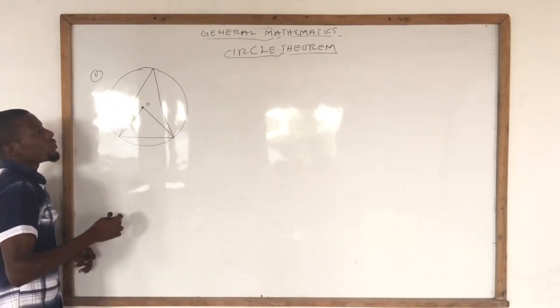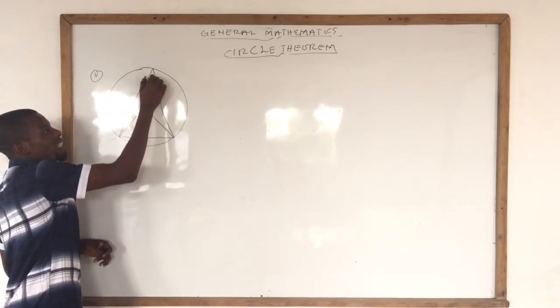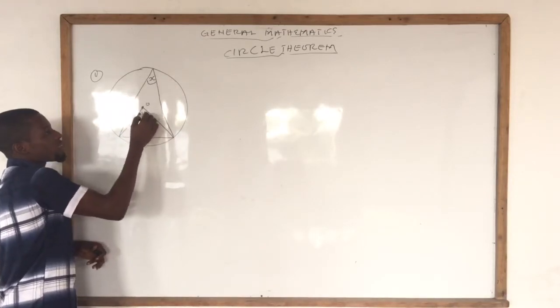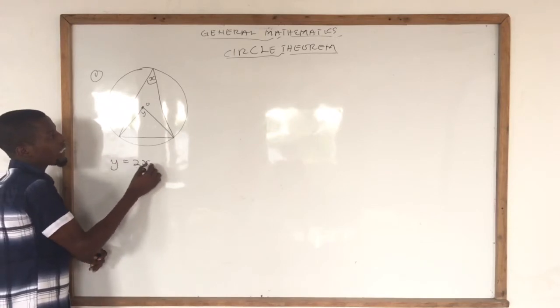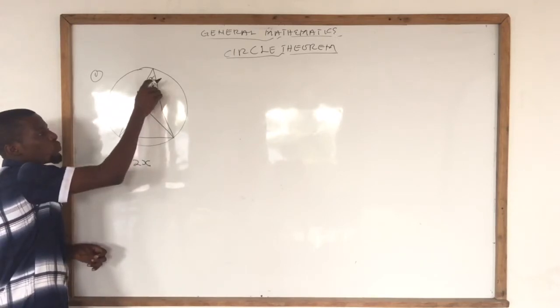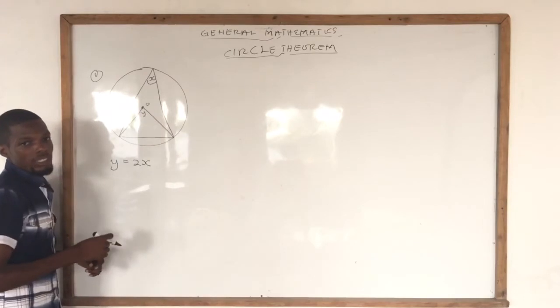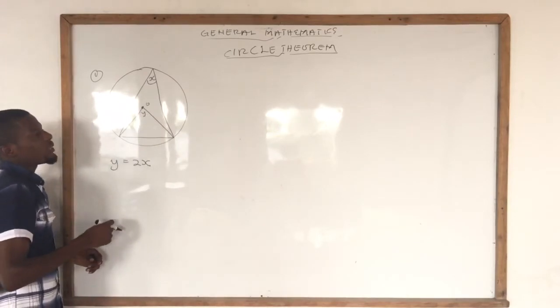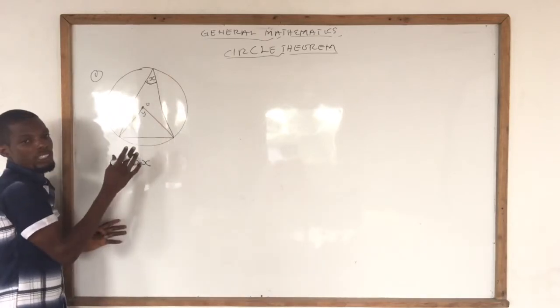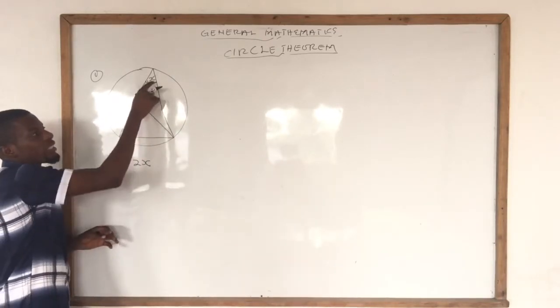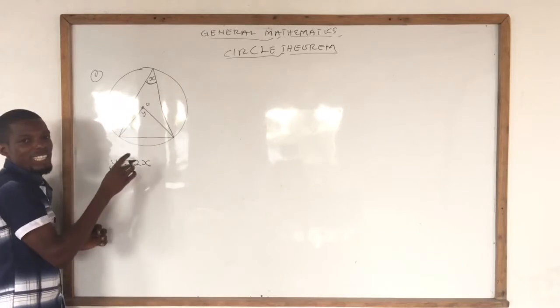Okay? So, which means that if this part is x and this part is y, then y is equal to 2x. When you multiply this by 2, you are going to get that. Are you getting that? Which means that if this place is 20, then this becomes 40. If this size is 40, then this one becomes 80.